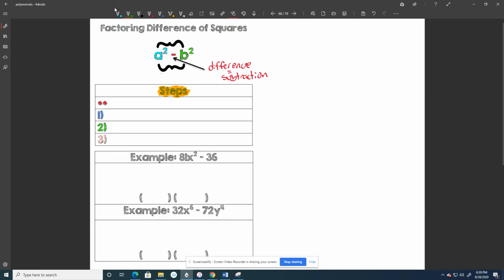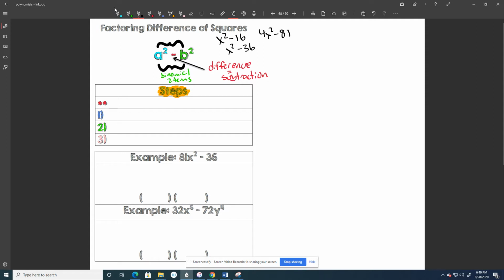In fact, we call this a binomial because it has two terms. And it usually looks something like x squared minus 16 or x squared minus 36 or 4x squared minus 81.